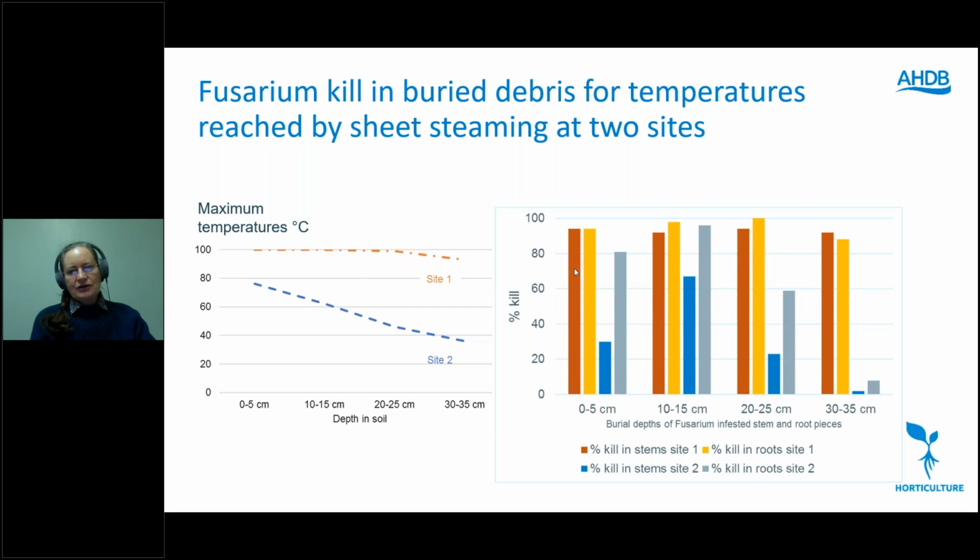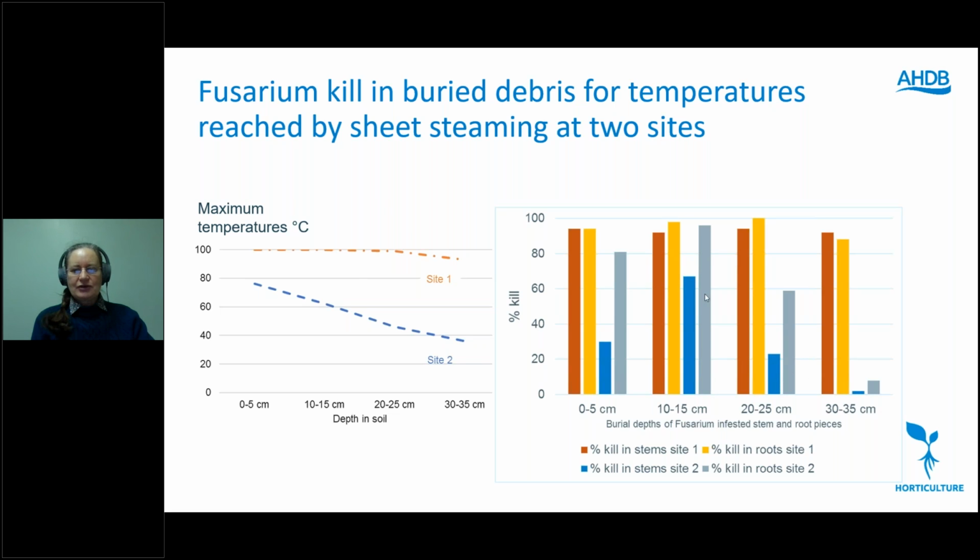On the right is the percentage kill of Fusarium in buried stems in little bags. At site 1, clearly you've got a good kill. As I said earlier, it's not going to be 100%. There'll always be something that somehow survives. But at the right, the deeper ones for site 2, there was hardly any death.